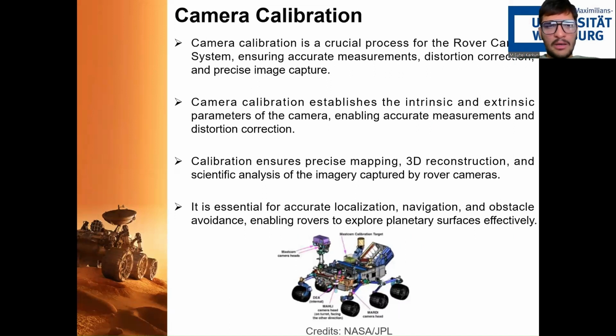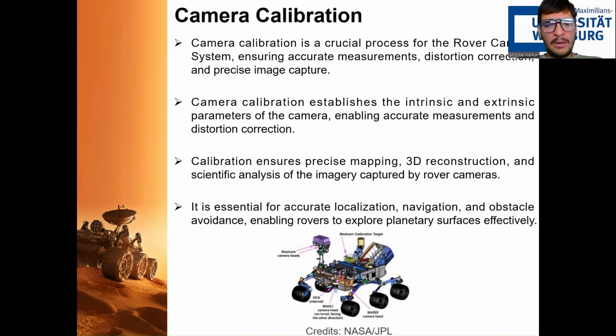Before using the camera on the rover and using the rover on other planets, we need to calibrate the camera. Camera calibration is a crucial process for the rover camera systems, ensuring accurate measurement, distortion correction, and precise image captures. Camera calibration establishes the intrinsic and extrinsic parameters of the camera, enabling accurate measurements and distortion corrections for getting high-resolution images for scientific analysis.